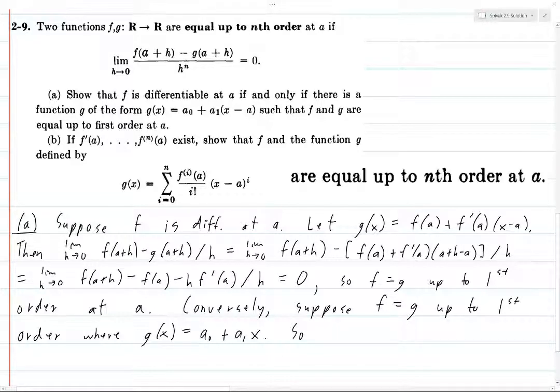So this tells us that 0 is the limit as h goes to 0 of f of a plus h minus g of a plus h over h. We have this equality because we know from the get-go that it's equal up to first order.